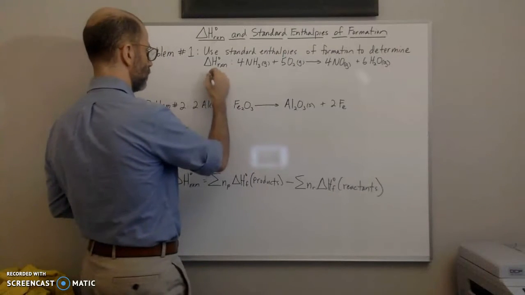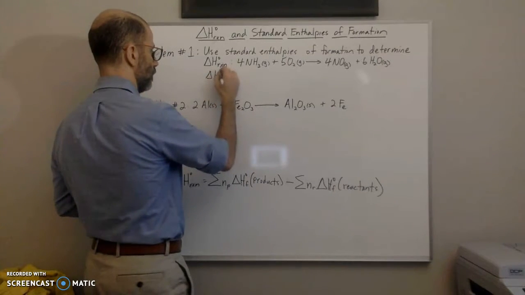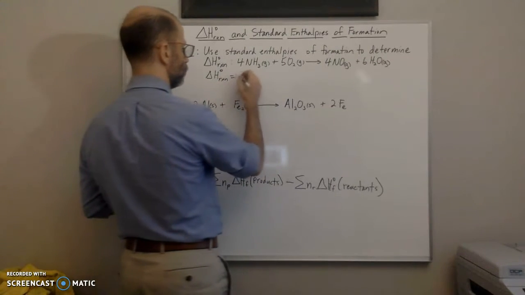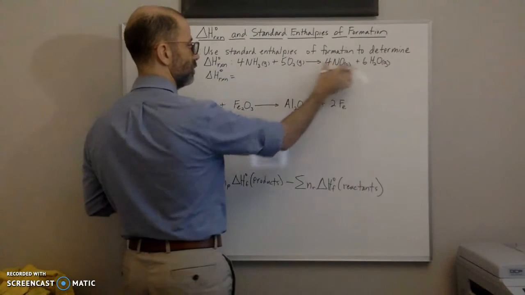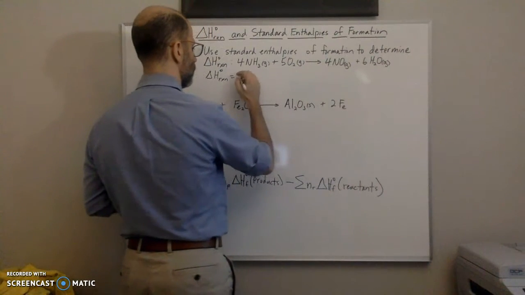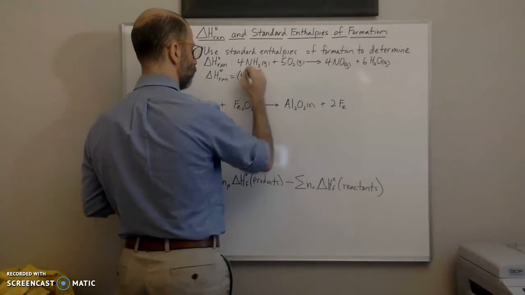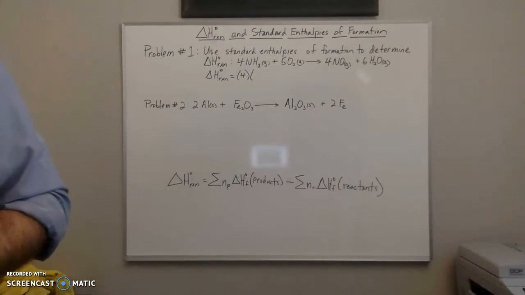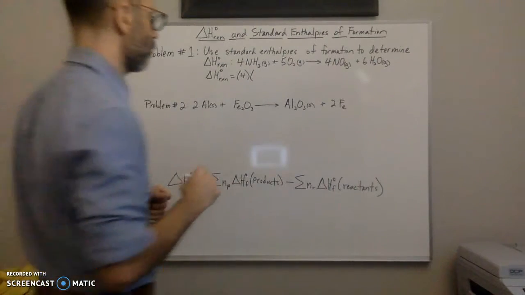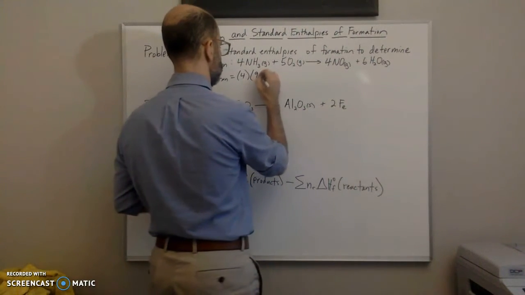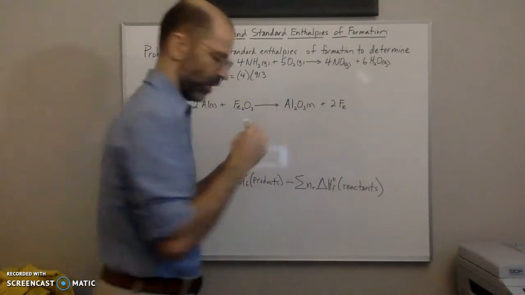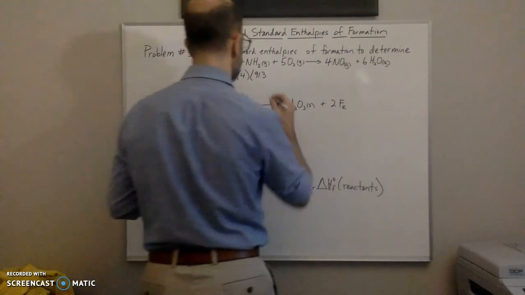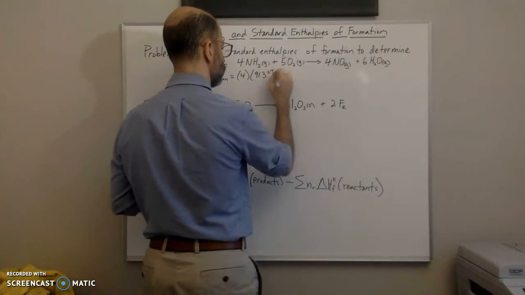The standard change in enthalpy of the reaction is going to be equal to, and we have 4 NO, so 4 times 91.3, and that should be kilojoules per mole.